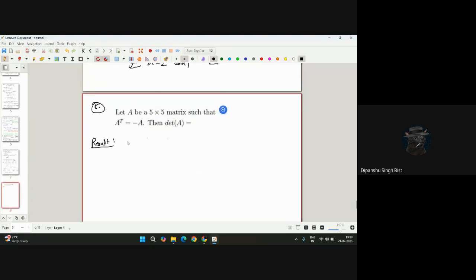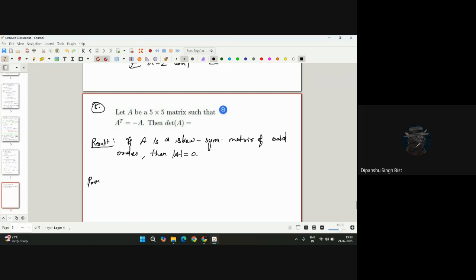So the result is, if A is a skew symmetric matrix of odd order, then determinant of A is equal to 0.